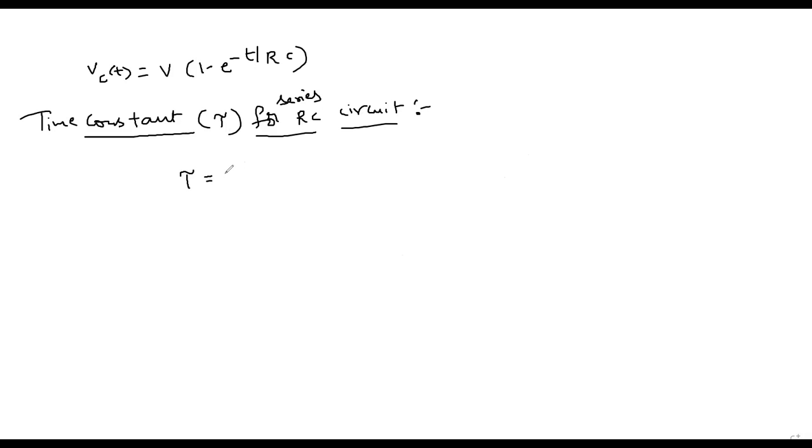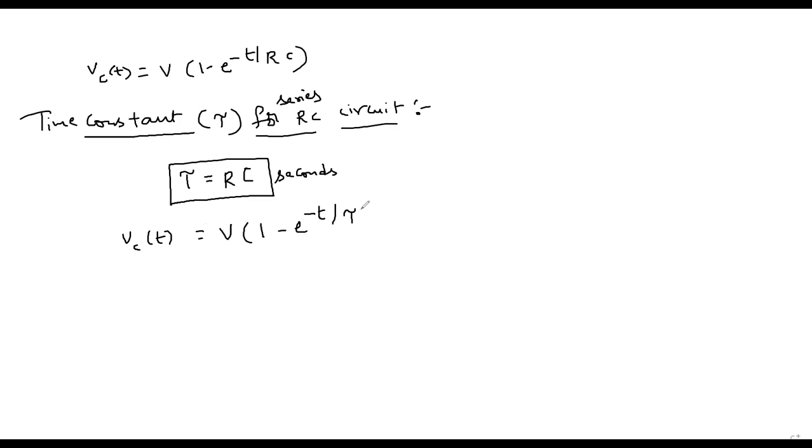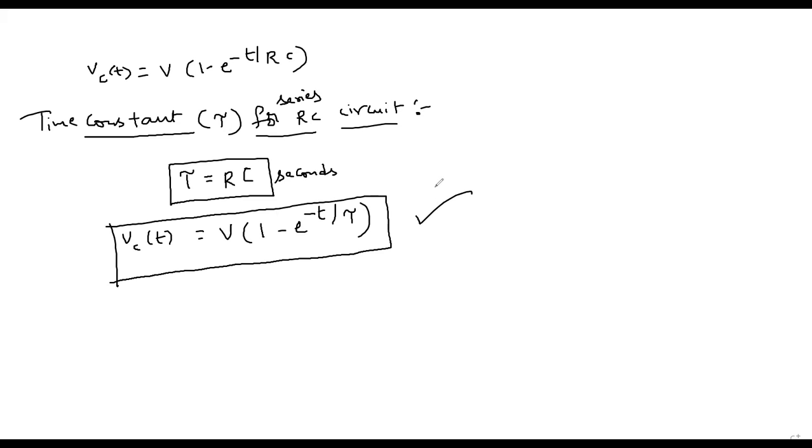R into C. Very good, very simple to remember. And the unit is seconds. So shall I rewrite the equation of Vc of t as V into 1 minus e power minus t by tau? In the place of RC, I have written tau. Okay, done.